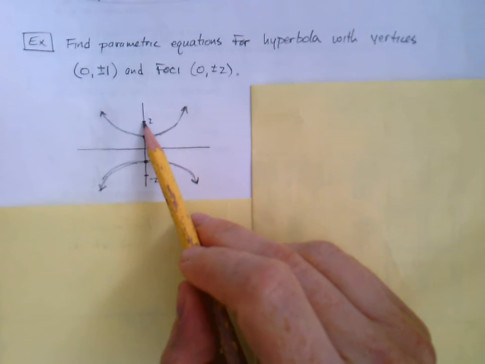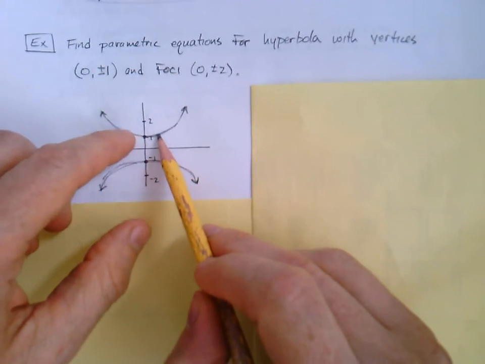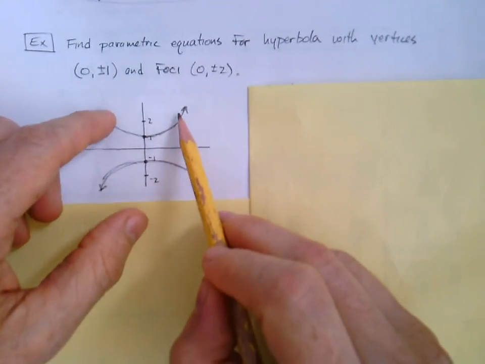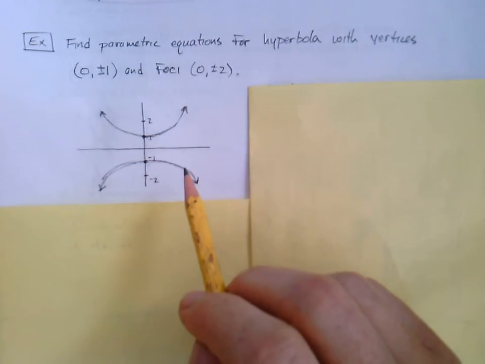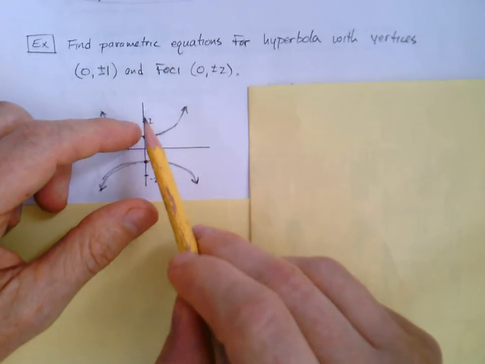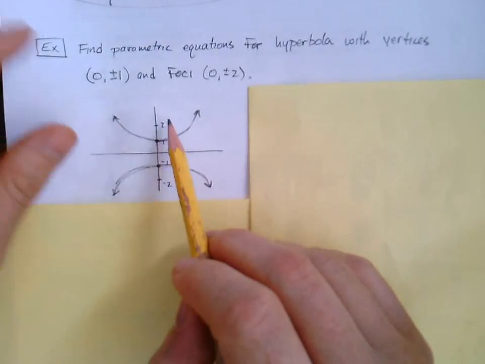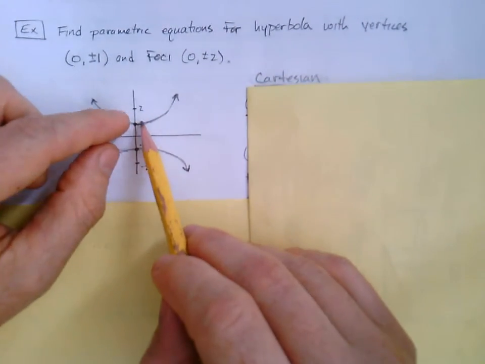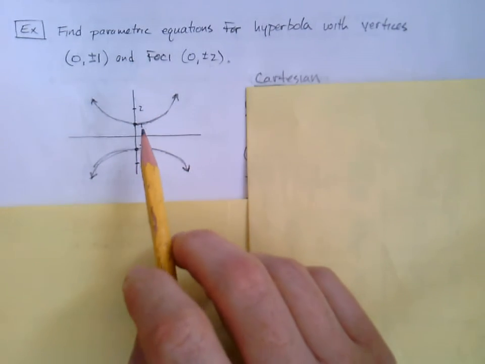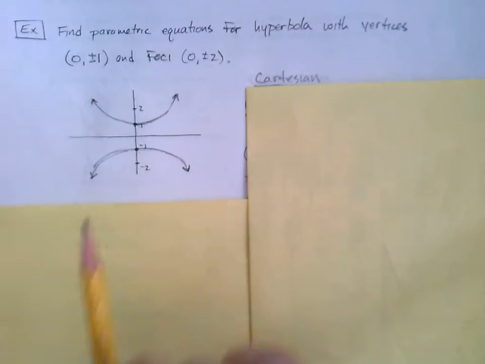The foci dictate just how sharp or how narrow or wide these two arms of the hyperbola are. If it's further away, then this thing gets wider. If it's closer, then it gets more narrow. Now that really doesn't come into my sketch, but I'm just going to note 0, 2, 0, negative 2.